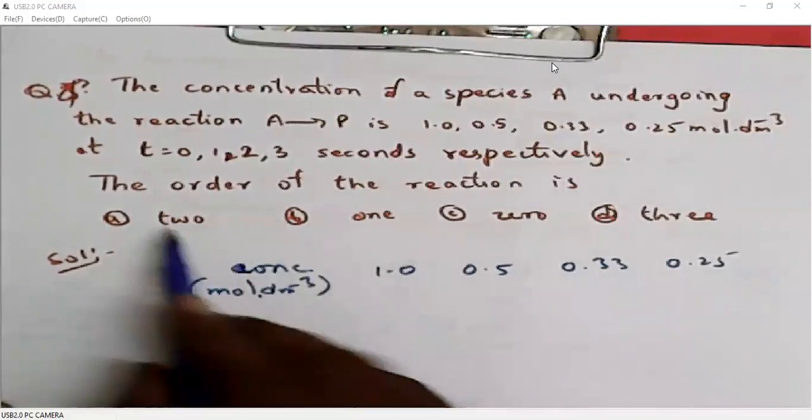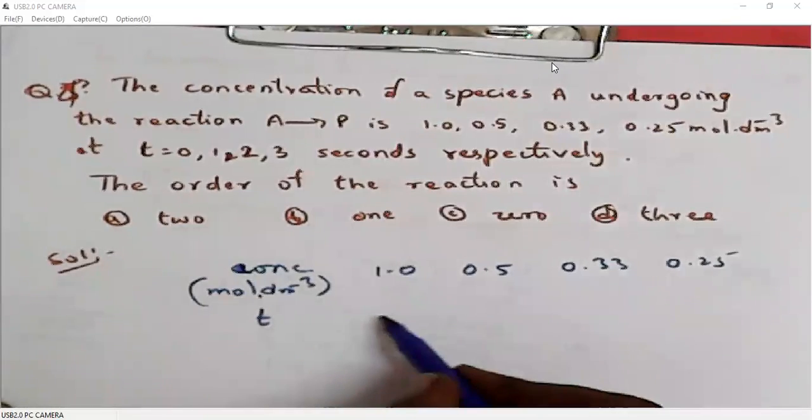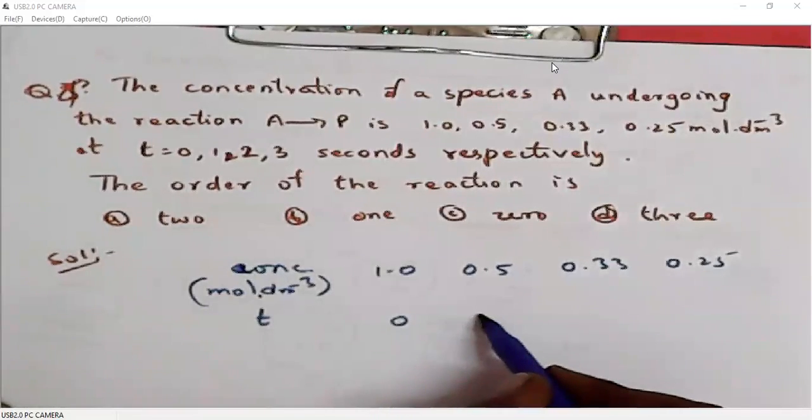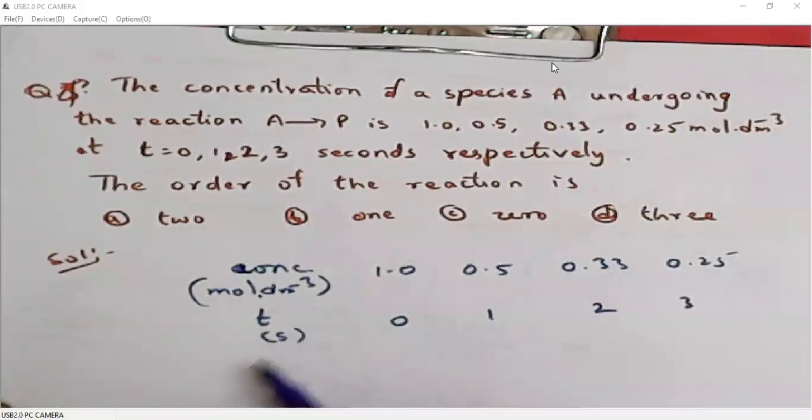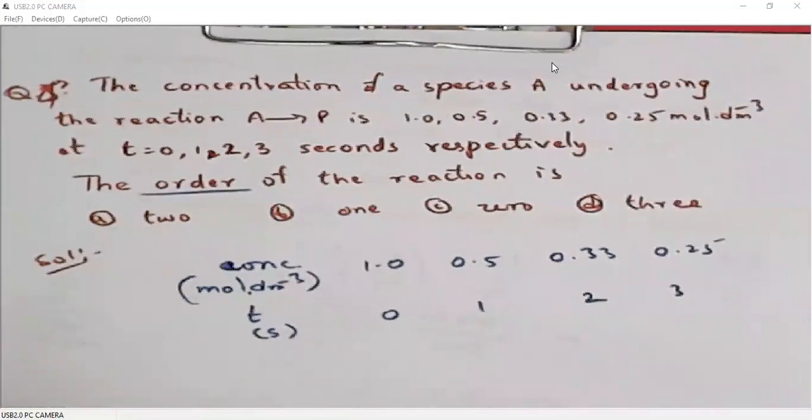Then at times, so time is also given at 0, 1, 2, 3 seconds. What is the order of the reaction? We need to find out order of the reaction.